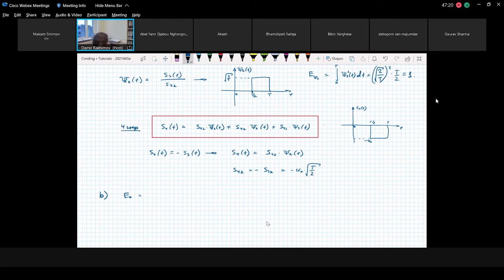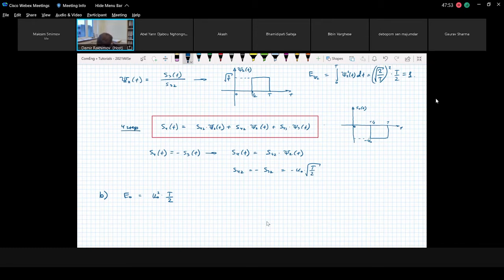It's the energy of our symbol, or actually it's not the energy of one symbol, but it will be the product between U0 squared times T over 2. This quantity corresponds to the energy of any symbol that we have for this task. But in general, it might happen that for different symbols, you will have different energies. It also may happen. But in order to simplify our notation, I introduce such a quantity.